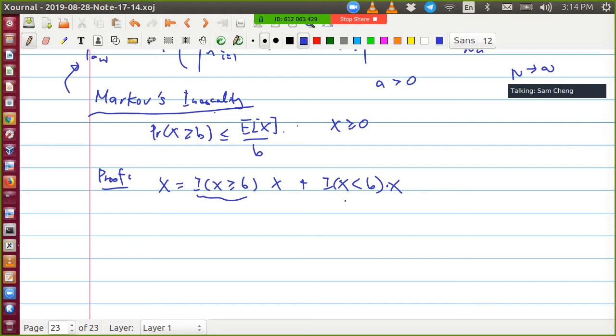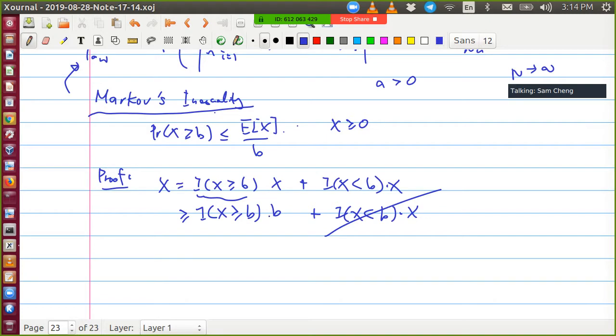Now we can write this to be bigger than or equal to the indicator of x bigger than or equal to b, times b, right? Because x is bigger than b, so it's bigger than that. And because x is positive, I can even omit the other term. So I have x bigger than or equal to the indicator of x bigger than or equal to b, times b.